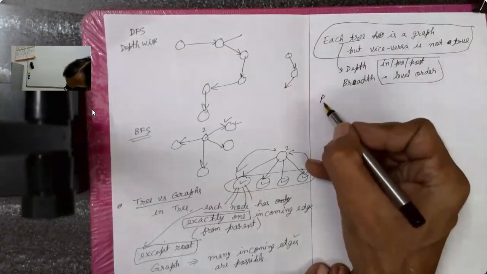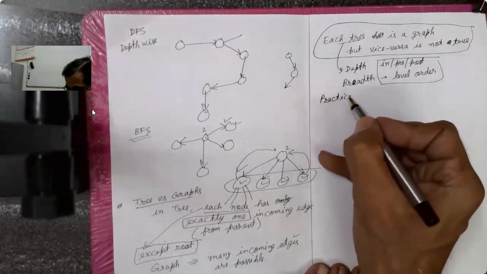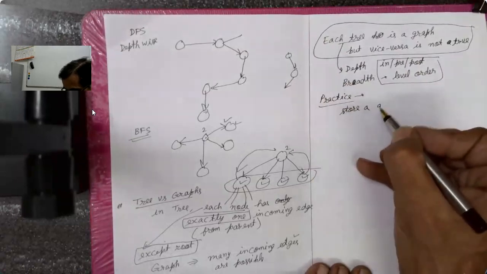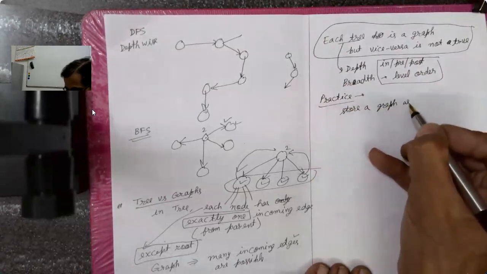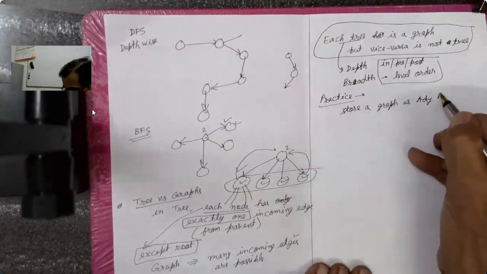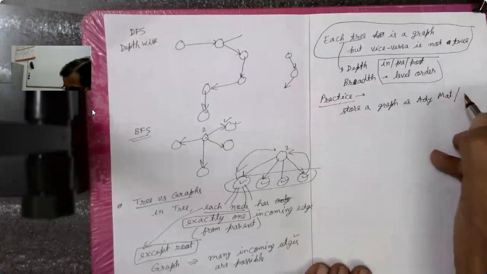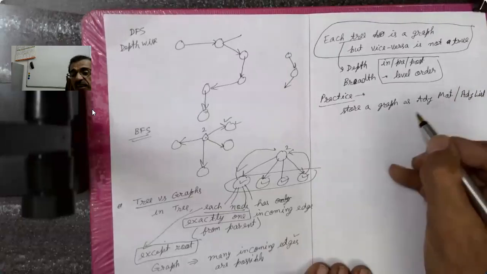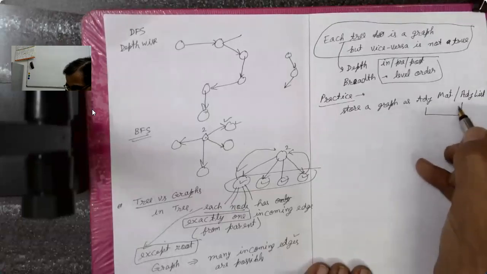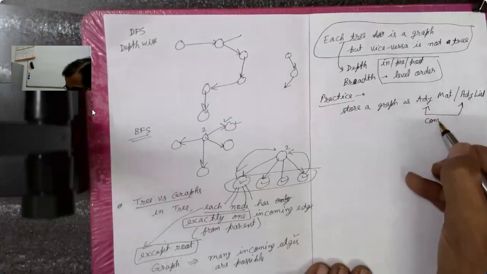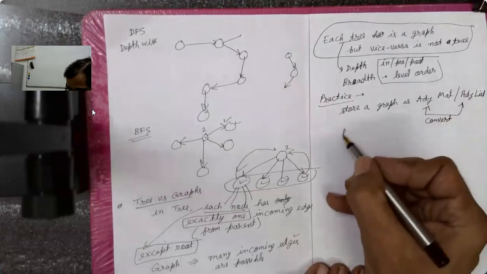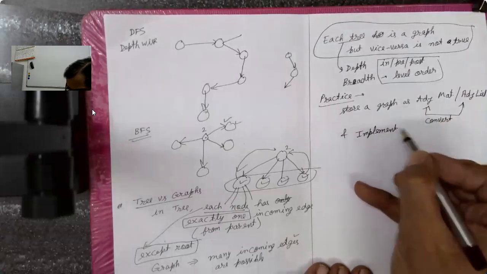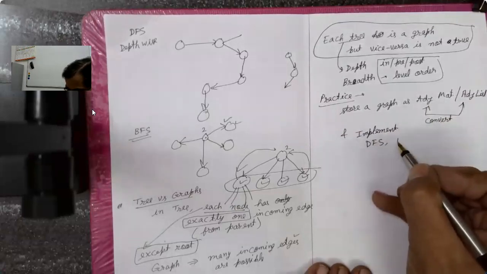So I will say for good students, now it's a good time to practice: store a graph as adjacency matrix or adjacency list, convert from one to the other, and implement DFS, BFS.